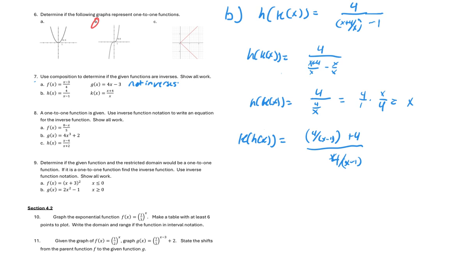I'm going to want to get this fraction on top the same, so we'll end up with x minus 1 plus 4 over x minus 1, all of this over 4 over x minus 1.